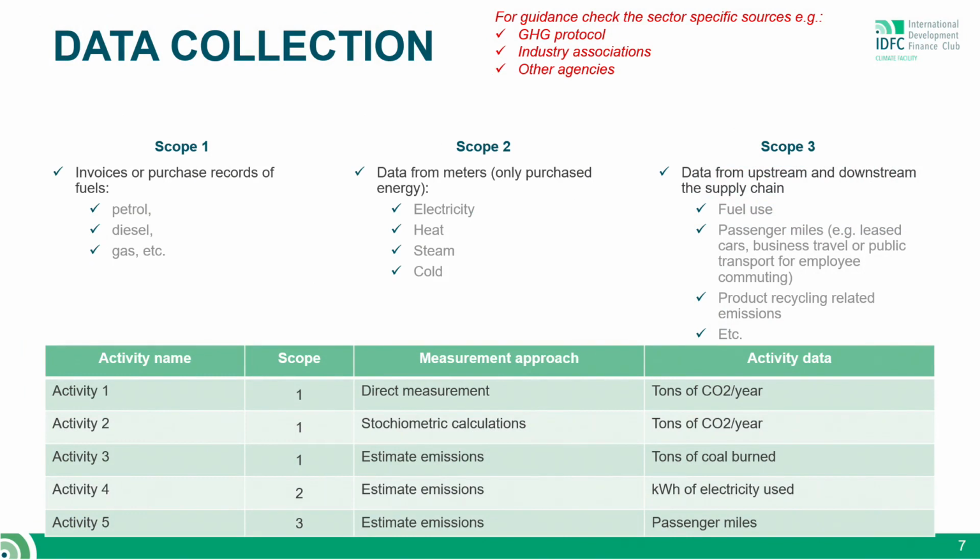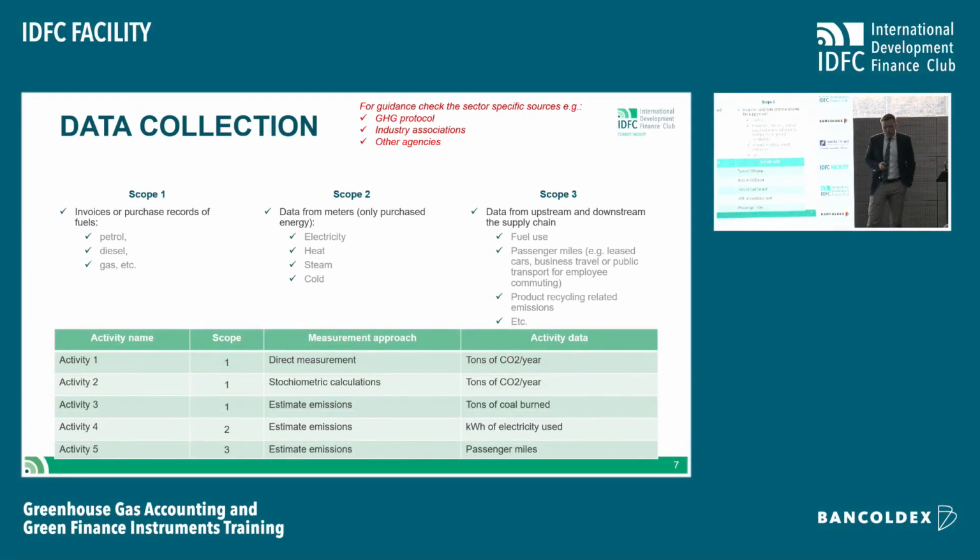For example, heating of the building, electricity consumption in the building, use of cars in the company, and so on. Then you apply which scope it is, then align the measurement approach.